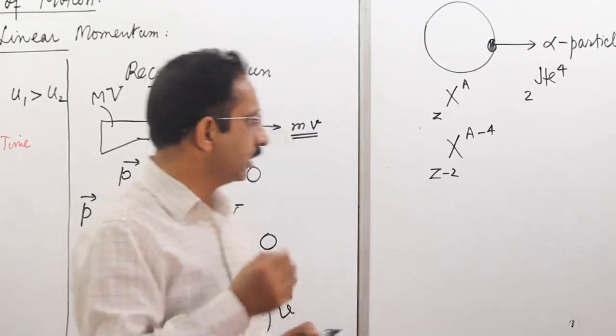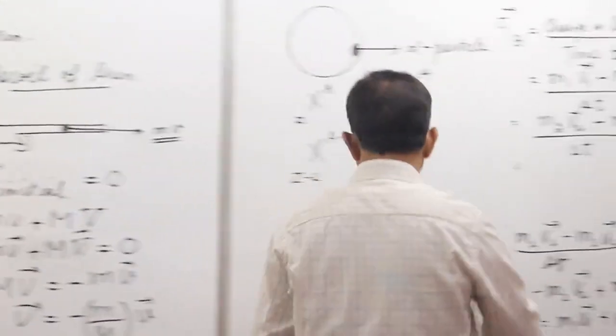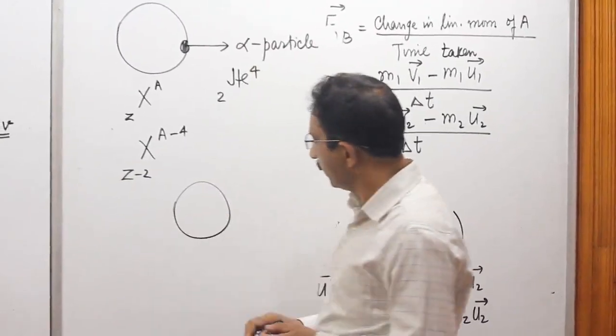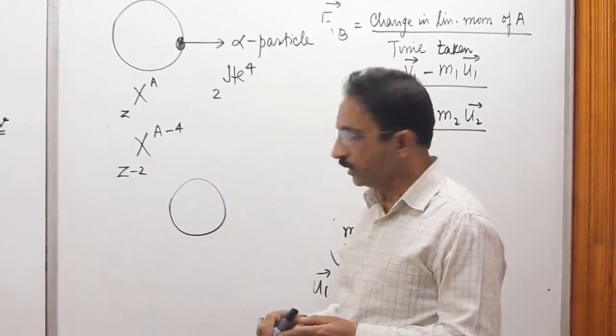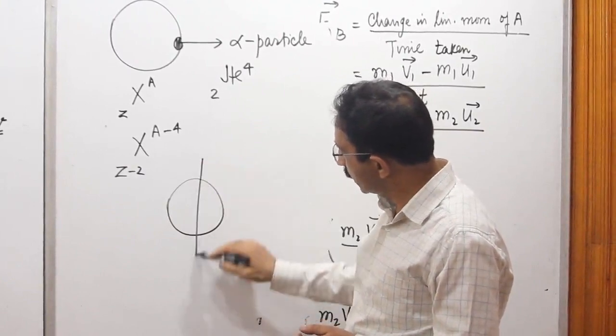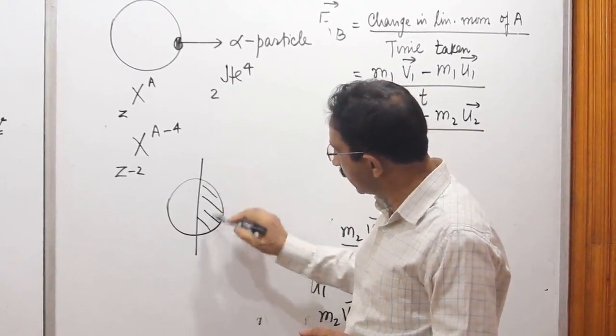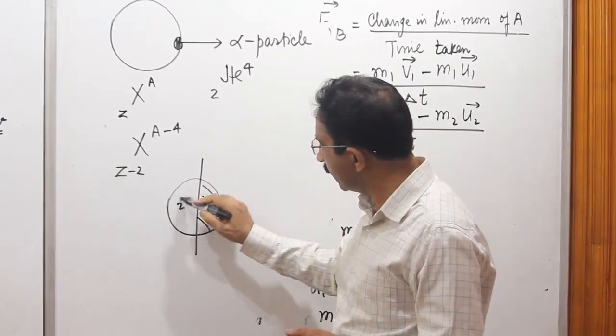And for the last part of this, ये मान लीजिए एक bomb है, और this bomb is exploded. ये bomb जब explode हुआ, इसके दो fragments हो गए. So this is fragment number 1, ये बन गया fragment number 2.